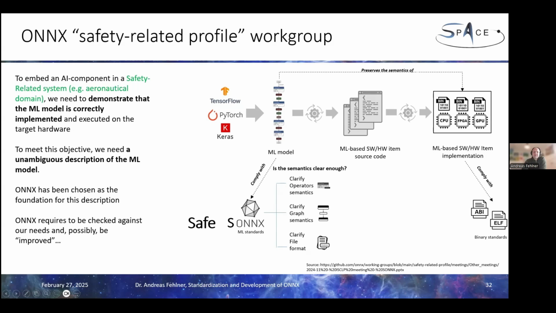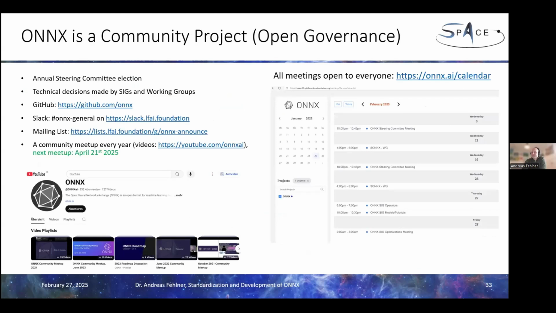Is it really clear? Is there only one way of implementation, so that we can prove it afterwards? And the same for the file format and the graph semantics. So it should be provable down to the binary at the end. Machine learning is not used in the aeronautical domain yet, but this could be a way to bring it into this field.